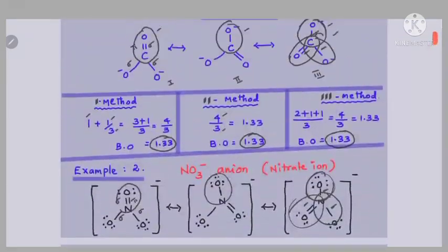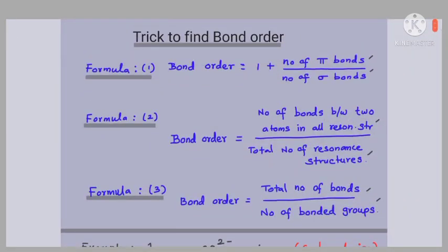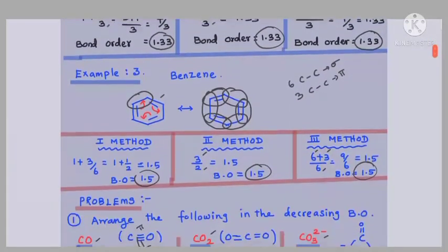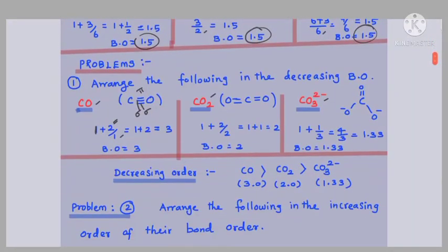So there is a formula, isn't it? First formula: 1 plus number of pi bonds divided by number of sigma bonds. Number of pi bonds 2 divided by number of sigma bonds 1. 1 plus 2 is nothing but 3. The bond order of carbon monoxide is about 3. Then carbon dioxide, this is a resonance structure. There are 2 double bonds between carbon and oxygen on either side, isn't it?